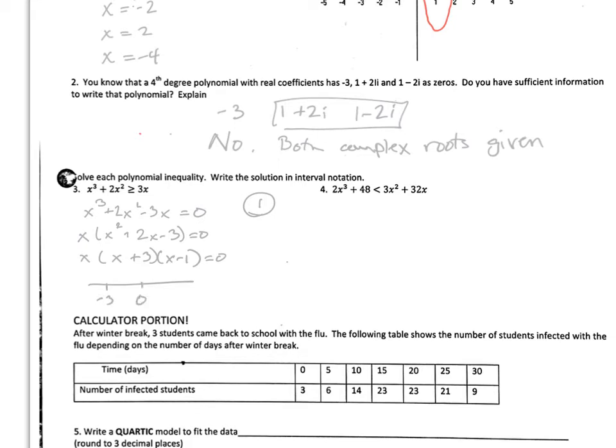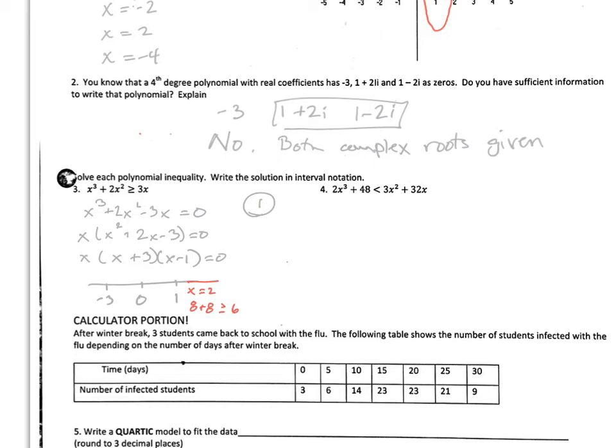-3, and 1. So what this means is you cannot use 1, you cannot use 0. I'm going to go with 2. And x equals 2 lives over here. Plugging it back into the original, 2 to the 3rd, 8. 2 times 4, that's an 8. And then is that greater than or equal to 3 times 2, which is 6.